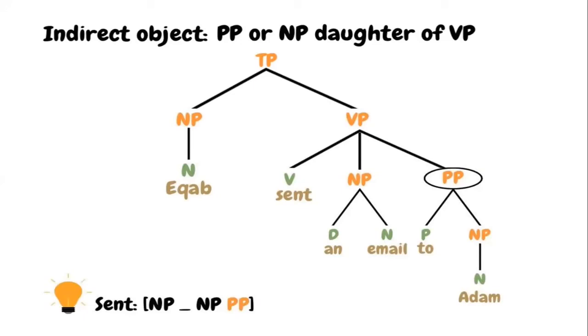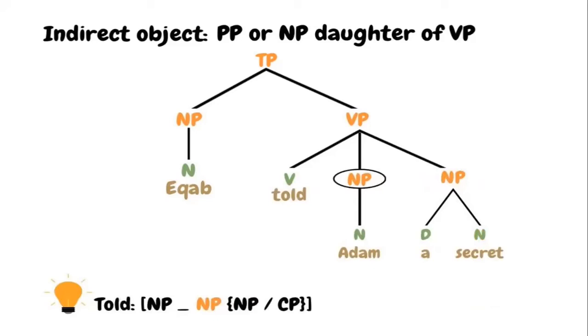So in general, according to our book, when we have a PP that is a daughter of VP and immediately preceded by NP, then it is an indirect object. Oh, sorry, we have another example here, which is Agab told me a secret.